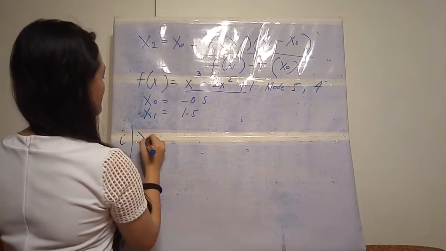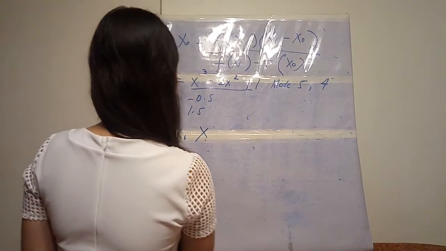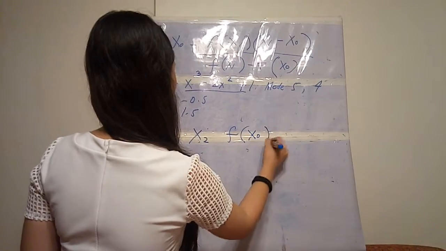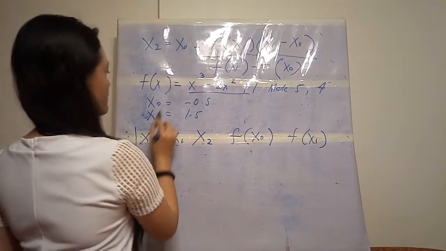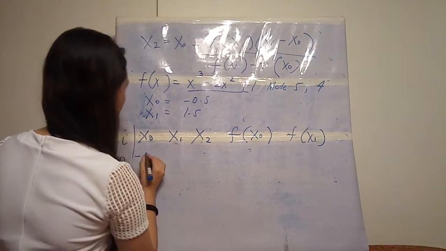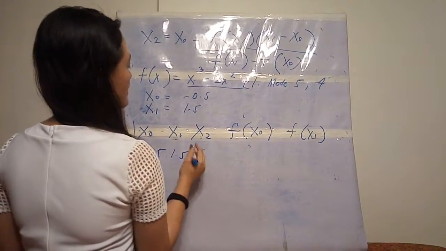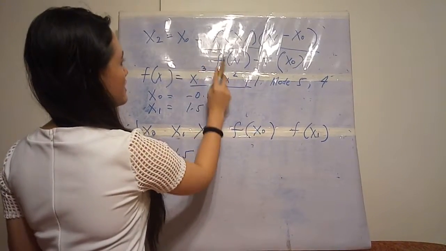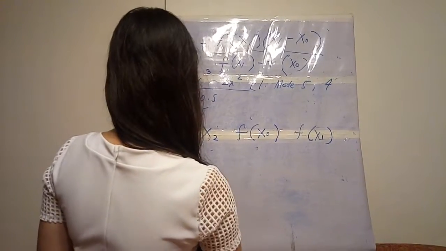First, we should list the values of x0, x1, x2, f of x0, and f of x1. We list down the values of x0 and x1, which are negative 0.5 and 1.5. In order to get x2, we should use this formula, but first we should find f of x0 and f of x1.